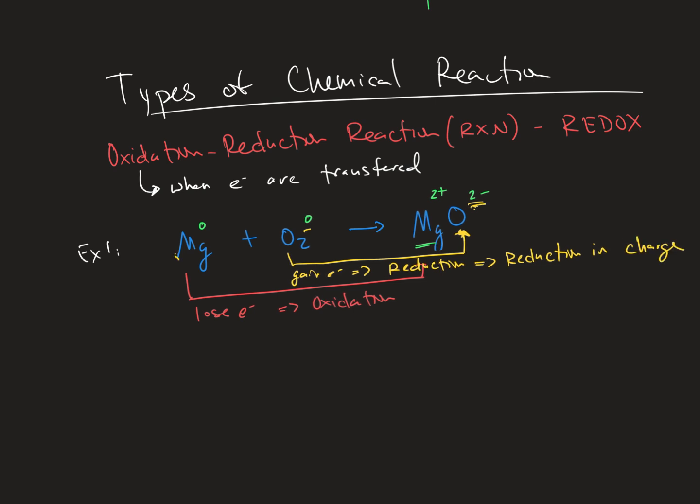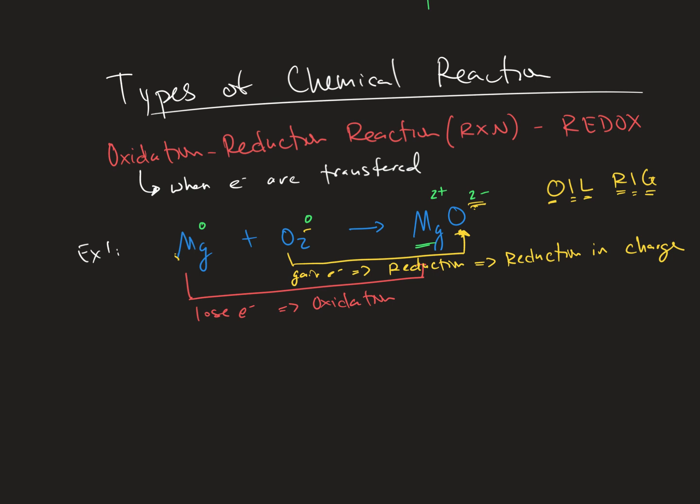And if you want to remember which is which, here's this: OIL RIG. It has nothing to do with chemistry, but oxidation is losing electrons, reduction is gaining electrons.